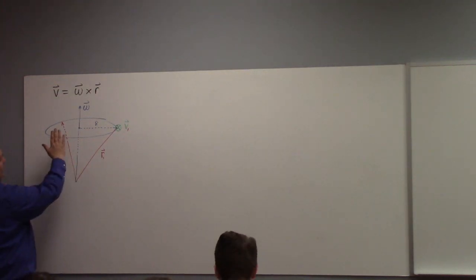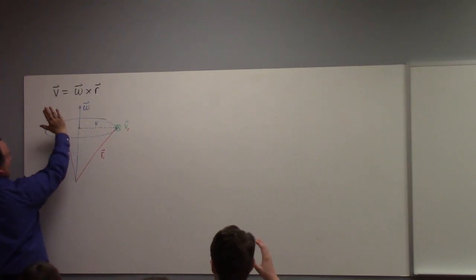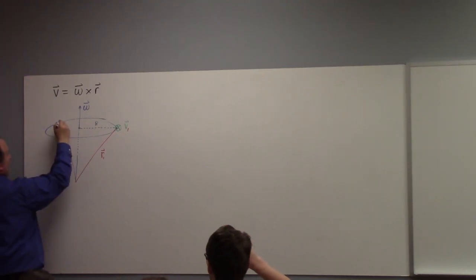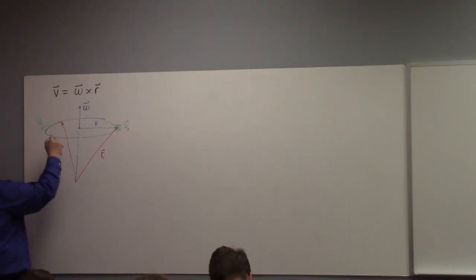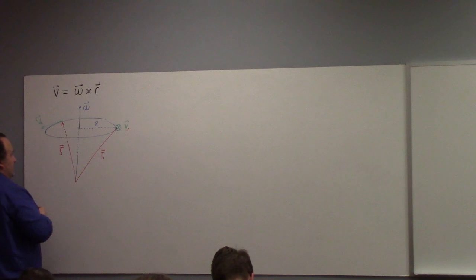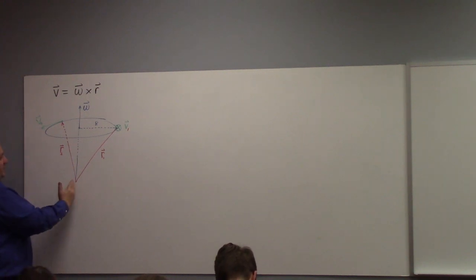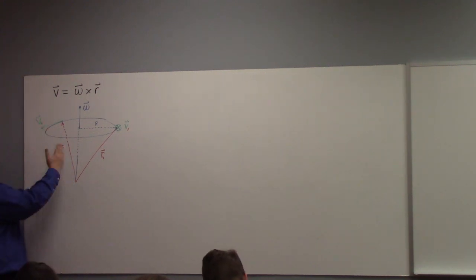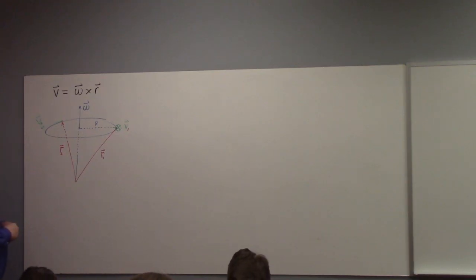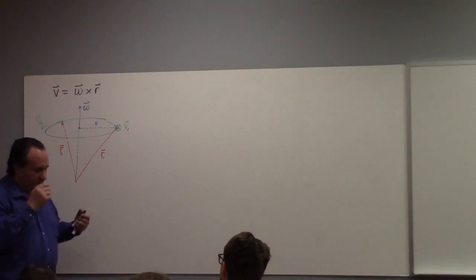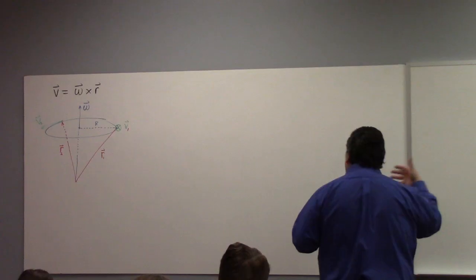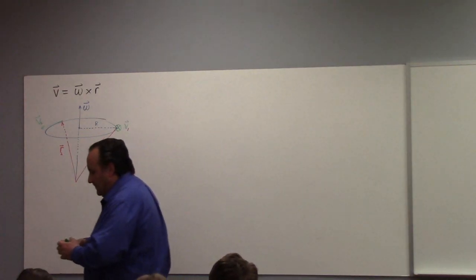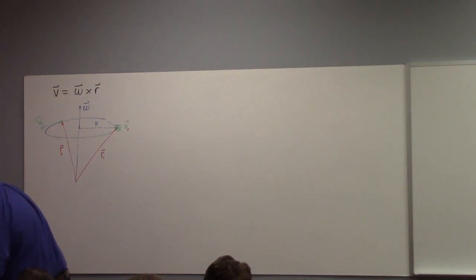And then I do omega crossed into R. Then my V would be like this, all right? Which makes sense, right? It's perpendicular to both the radial vector from the origin as well as the angular velocity. So the angular velocity, and this is for circular motion, of course, points in the direction of the axis of rotation.